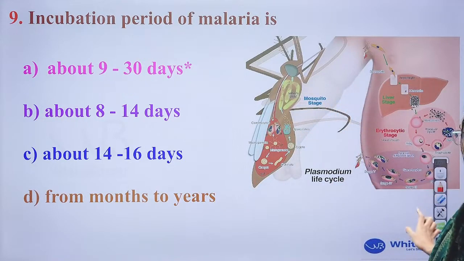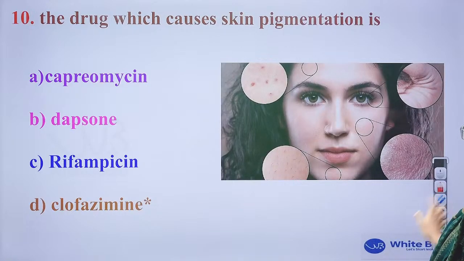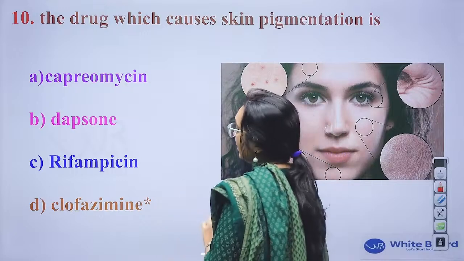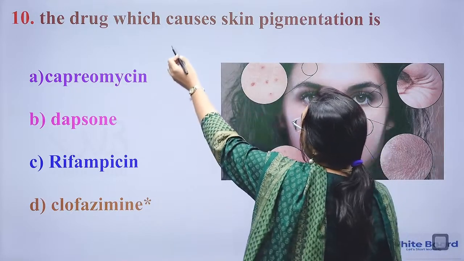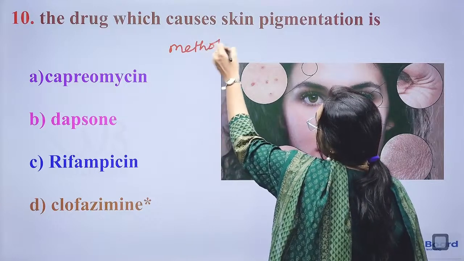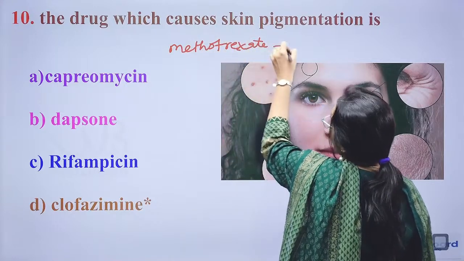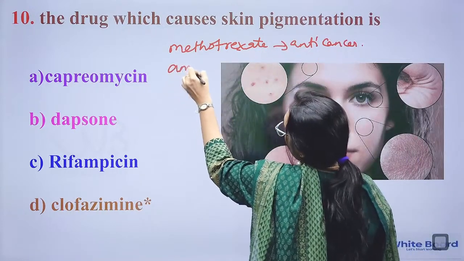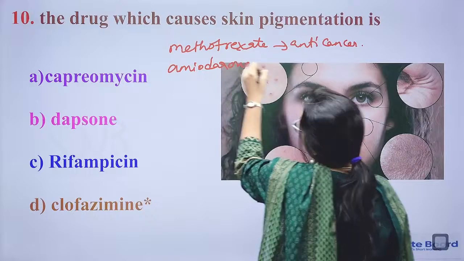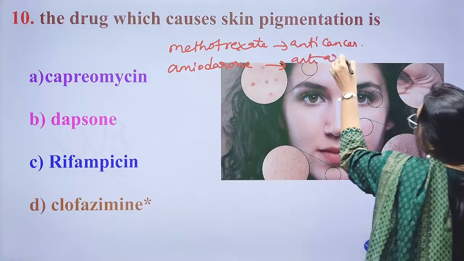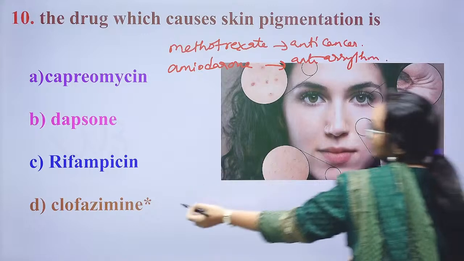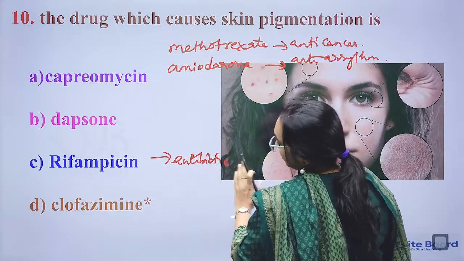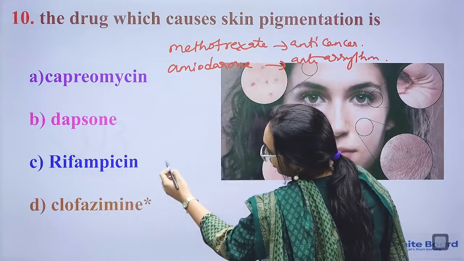Next, the drug which causes skin pigmentation. Certain drugs are there, for example methotrexate, an anti-cancer drug, then amiodarone, an anti-arrhythmic drug, rifampicin, an antibiotic, and clofazimine.